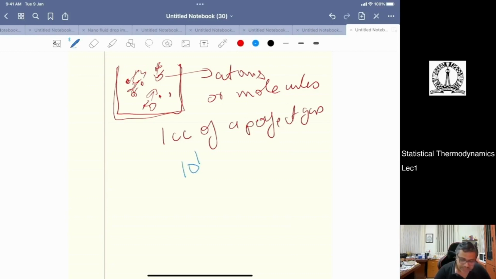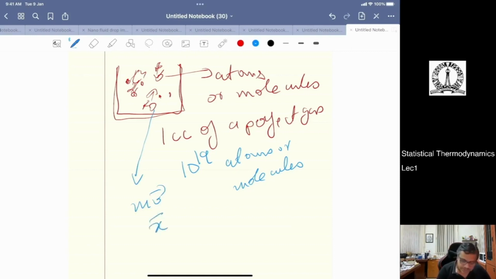contains 10 to the power of 19 atoms or molecules. So bookkeeping becomes a very difficult task because you are dealing with a huge number of particles. And not only that, in order to describe this particular phenomenon, you have to know the position and the momentum of each of these particles.